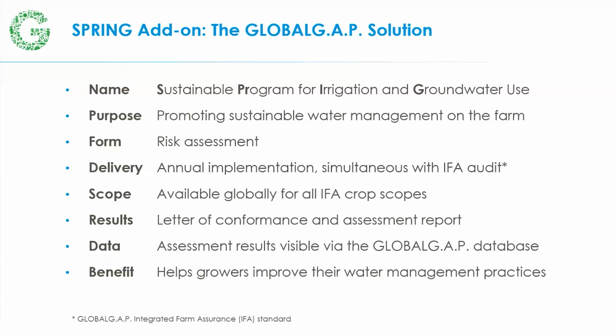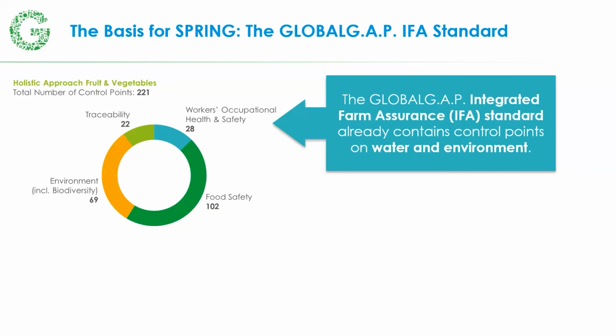Then, SPRING is not only the add-on. SPRING is based on the environment requirements that IFA or crop for processing has. You know that part of IFA is the environment. You know we have food safety, traceability, workers' occupational health and safety, and environment.